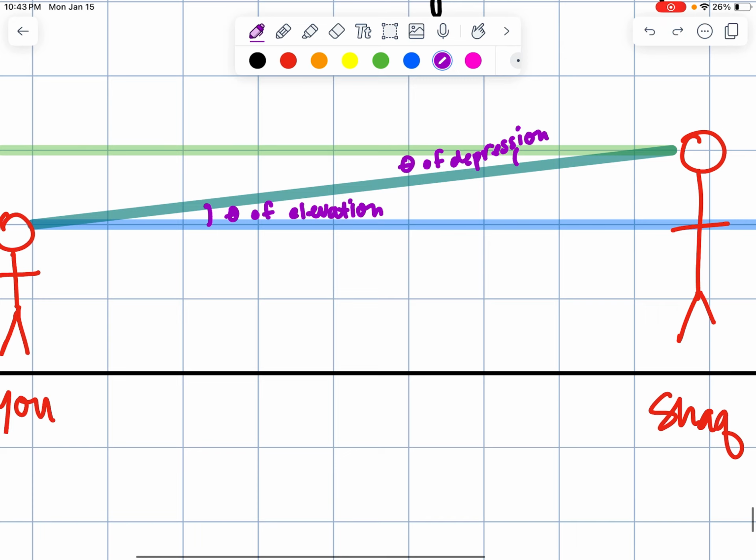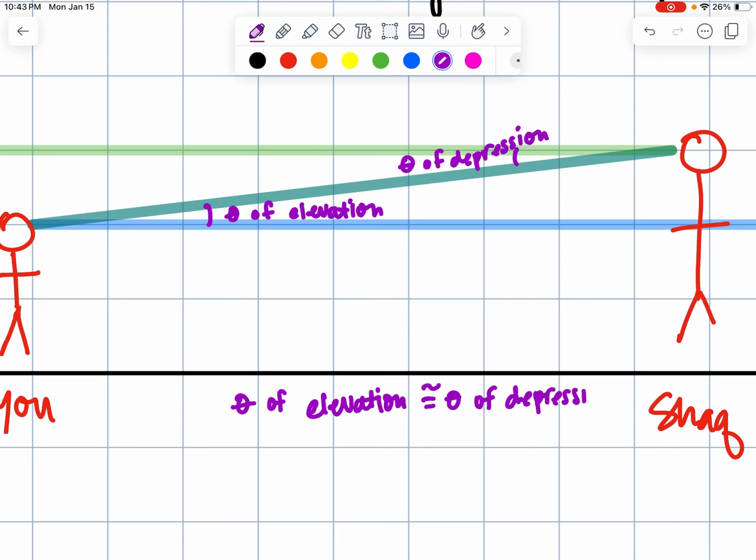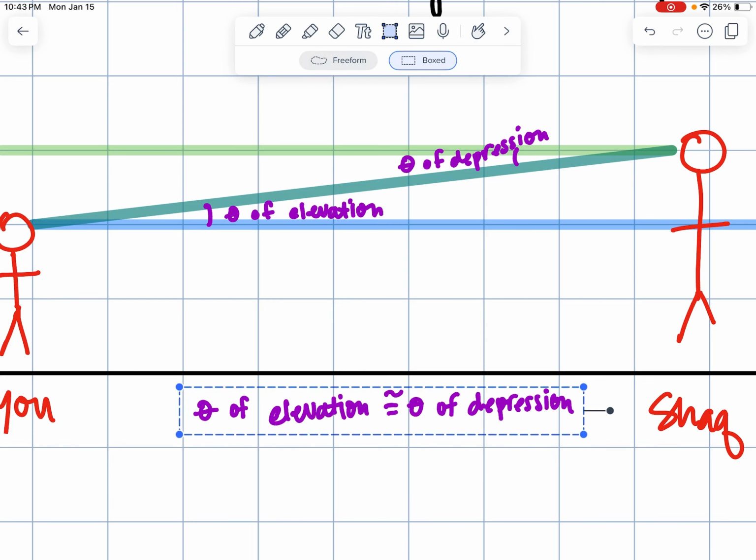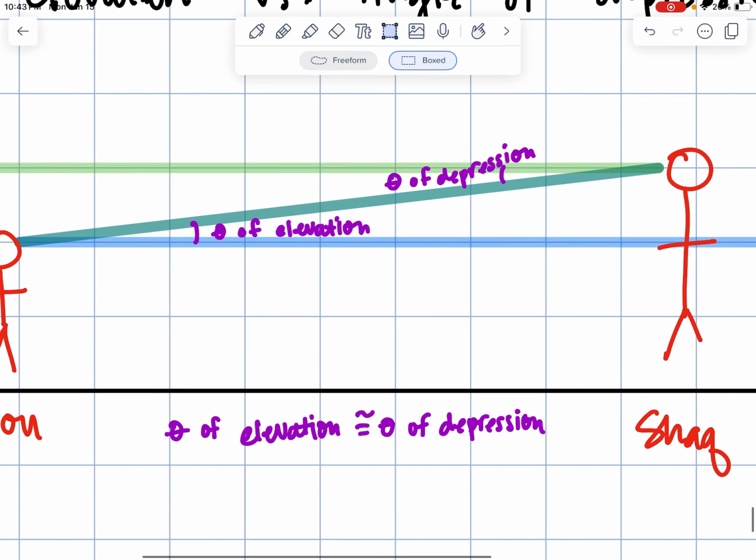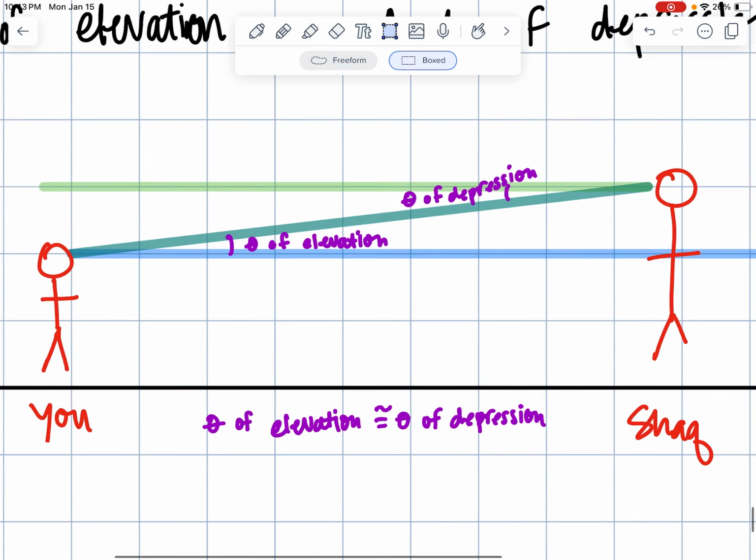So in this diagram, we could say angle of elevation is congruent to the angle of depression. And that is the big takeaway, that they are actually congruent to each other.